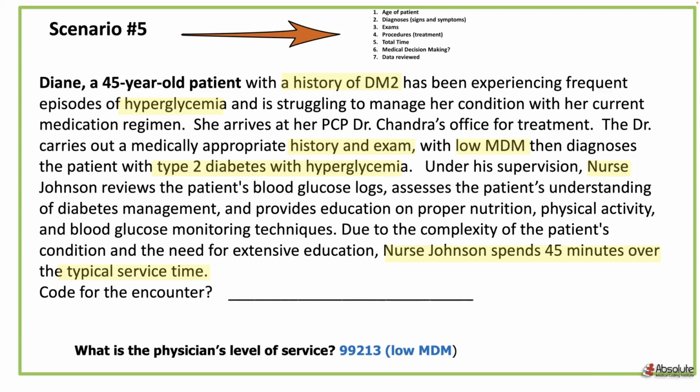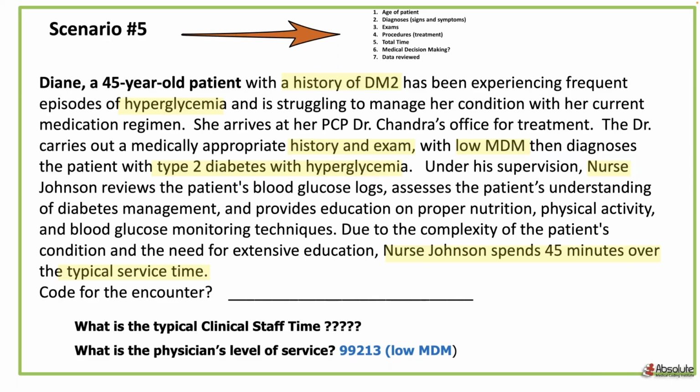What is the typical clinical staff time? Well, it says Nurse Johnson spends 45 minutes over the typical service time. So, what is the typical clinical staff time? I don't know.